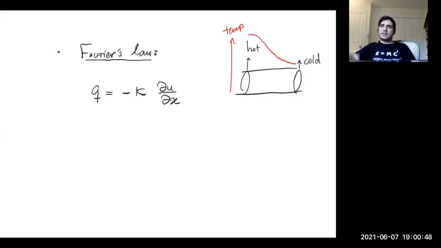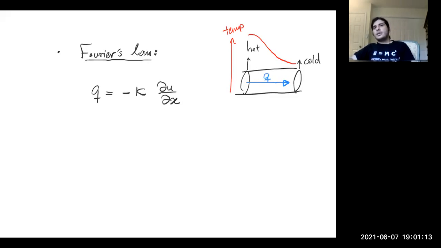It's hot and then it's cold. In that case, what would be the direction of heat flow? The heat would go from hot to cold. So this would be the direction of Q. The direction of Q is towards the place where we have less temperature.